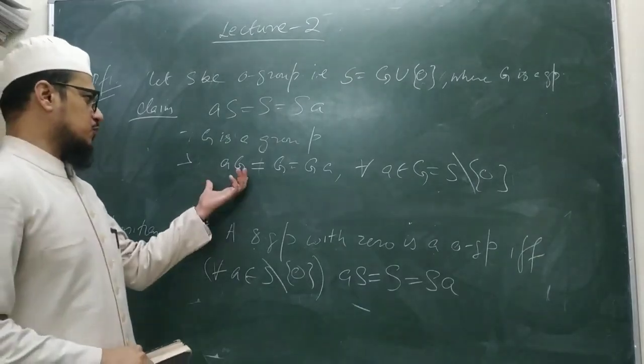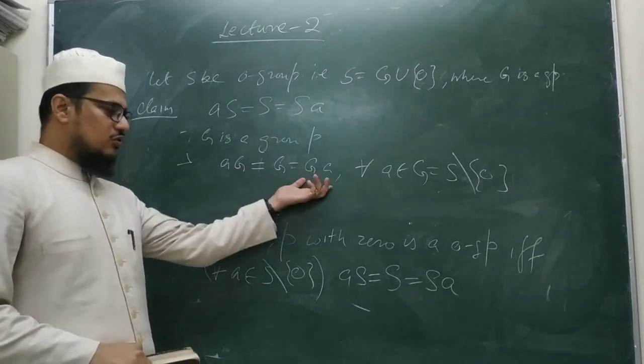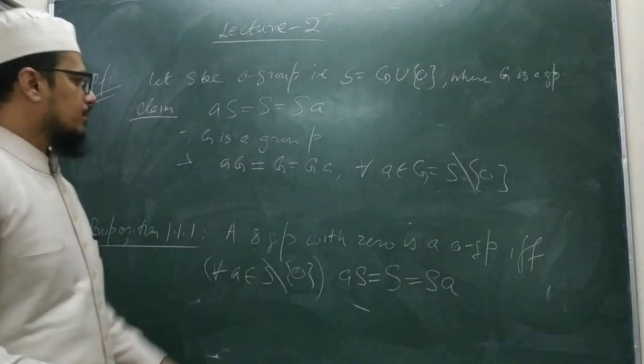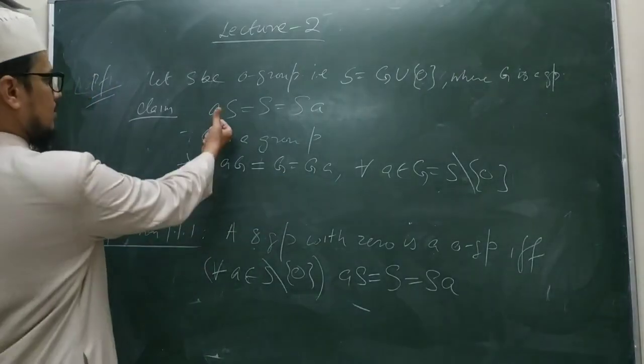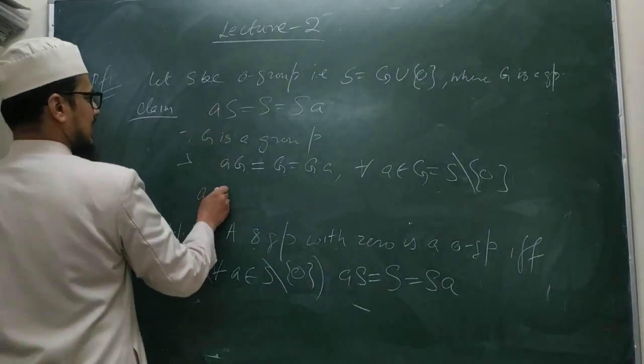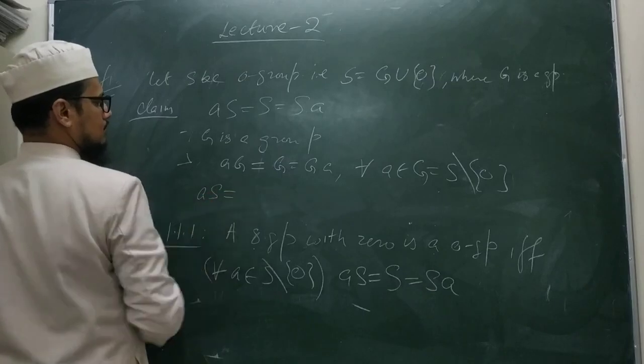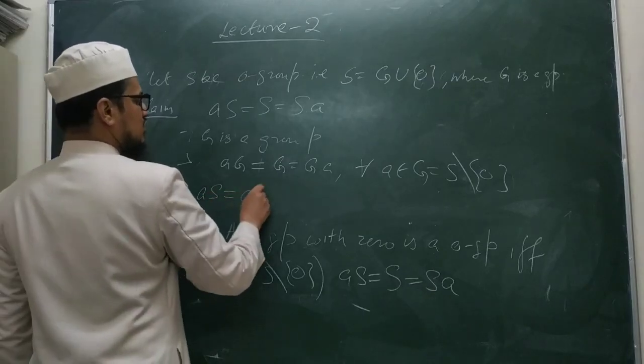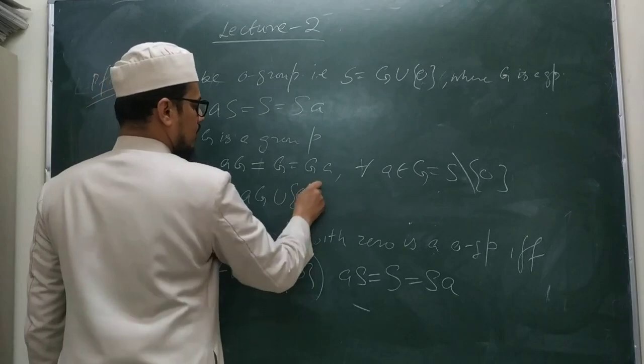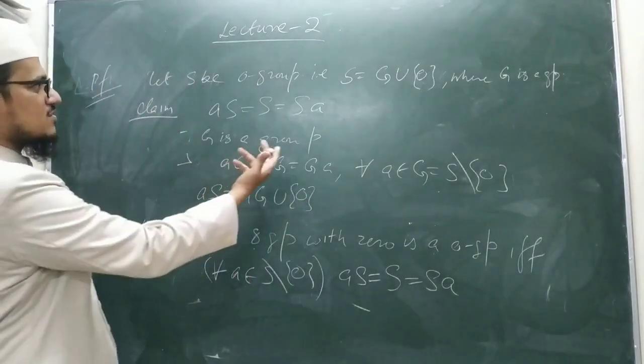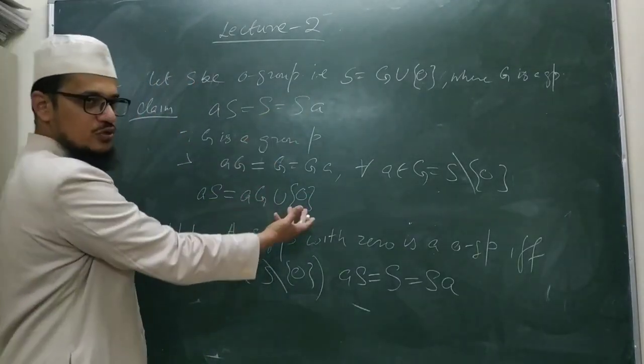So since G is a group, we have AG is equal to G is equal to GA. Now calculate AS. AS will be AG union 0, because S is G union 0.